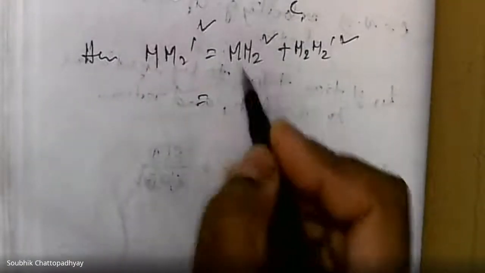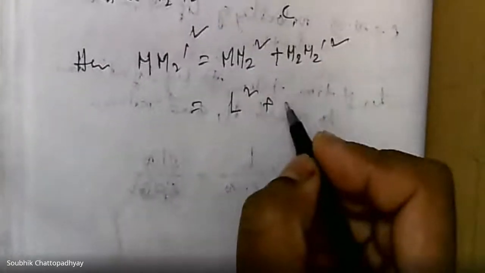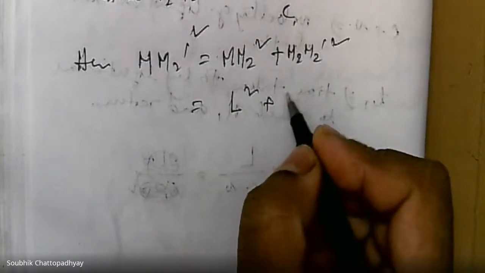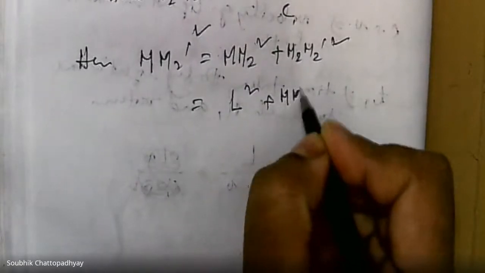So this is equal to L square plus M2 dashed into V square by C square.